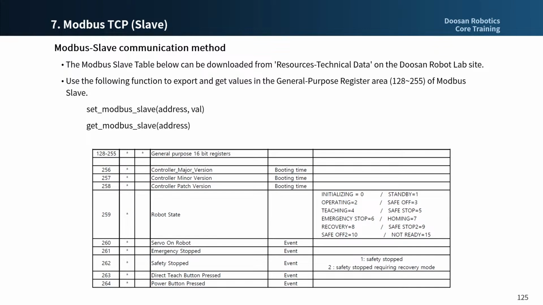The general purpose register area where data can be freely sent and received is numbered 128 through 255. And except for event signals, most monitoring data is updated in 100 ms units. Event signals are updated temporarily, such as inputs of on and emergency.